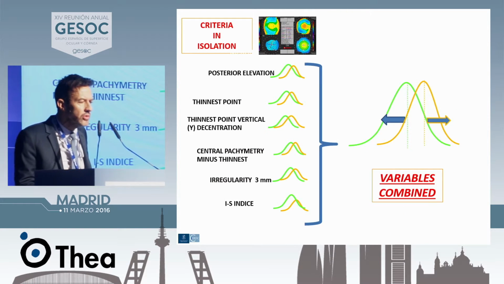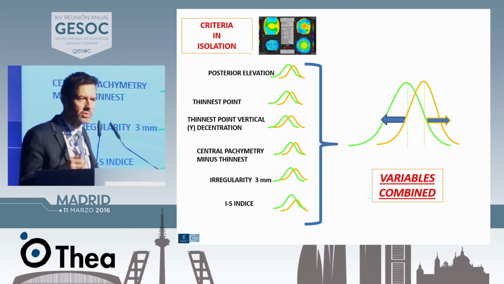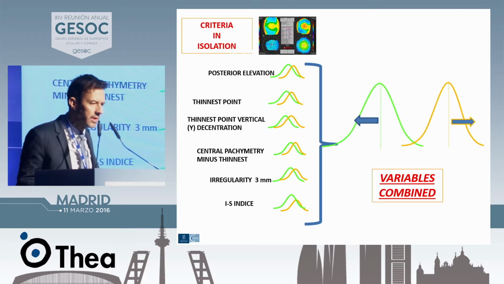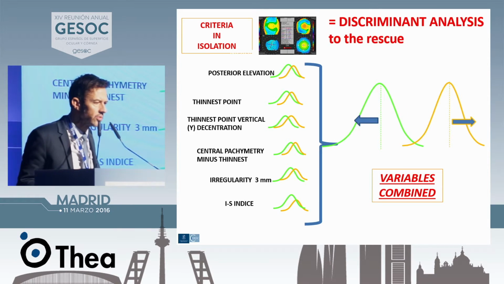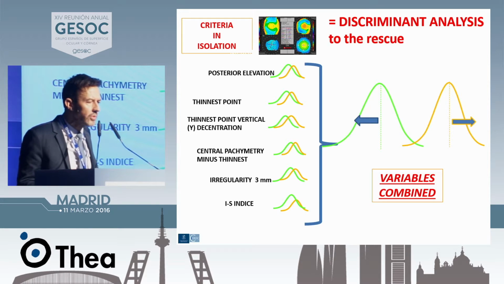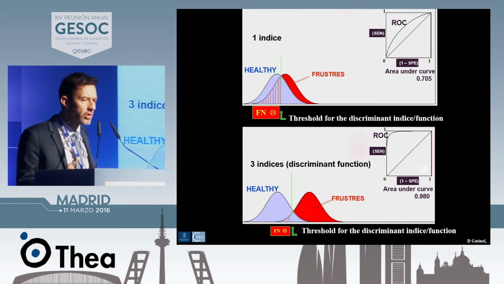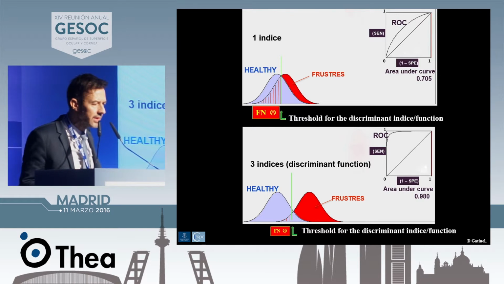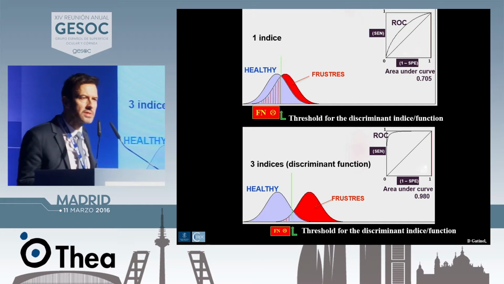But the solution maybe, statistically, is to use many variables, and this is based on what we call the linear discriminant regression analysis, which may help you to derive scores which comprise more than one index, and this will help you to get better separation, reduce the number of false negatives, and have a better ROC curve.